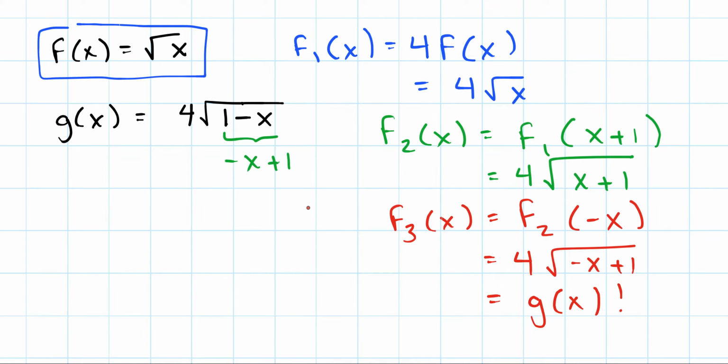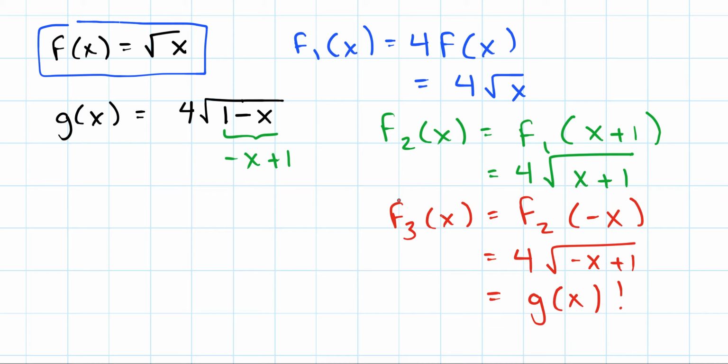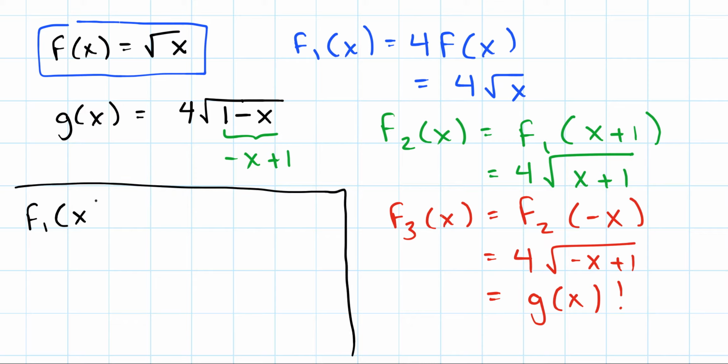Okay. Now, of course, I said there were other ways you could do this. Let's try a second way. You could define your first function. So ignore this. Let's say this is what we have right here, and I want to rework this one without putting the 4 in the front first. Well, you could say, oh, well, let's start by taking f of x and plug in x plus 1.